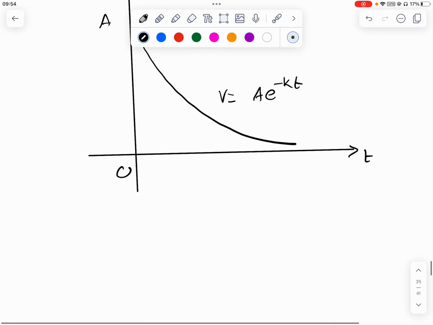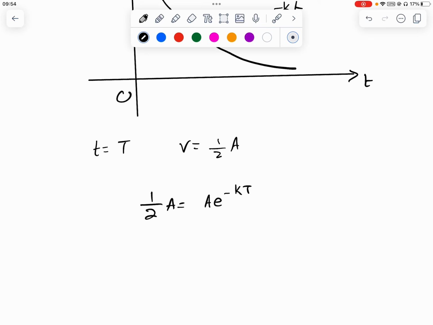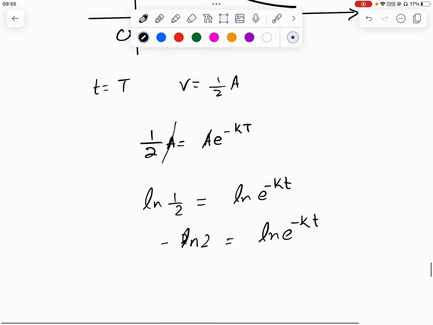Now he told that at t equals to capital T, V equals to 1 upon 2a. So 1 upon 2a equals to a e power minus kT. So a gets cancelled, apply ln on both sides. Ln 1 upon 2 equals to ln e power minus kT. So minus ln 2 equals to ln e power minus kT.